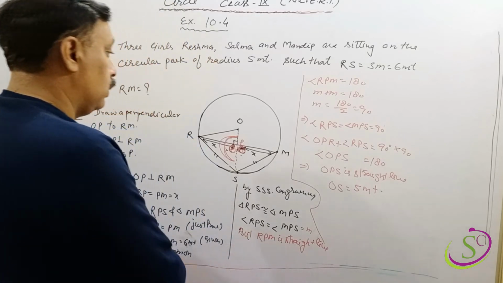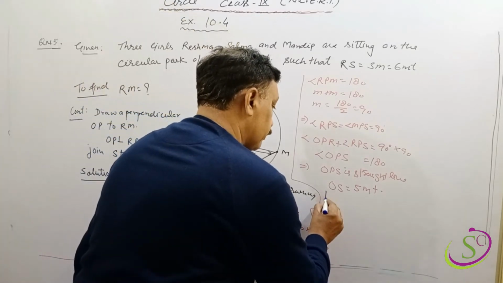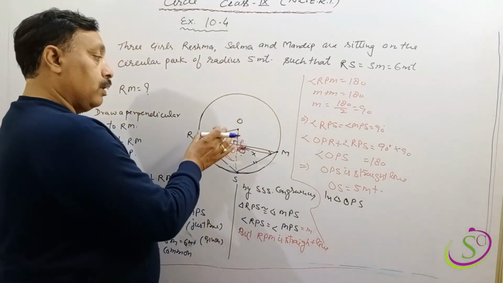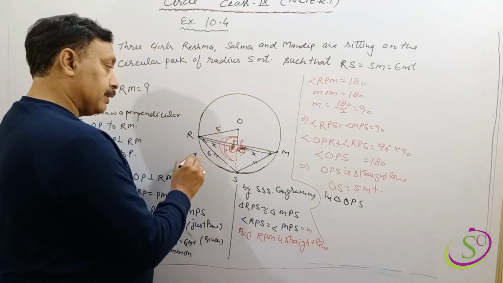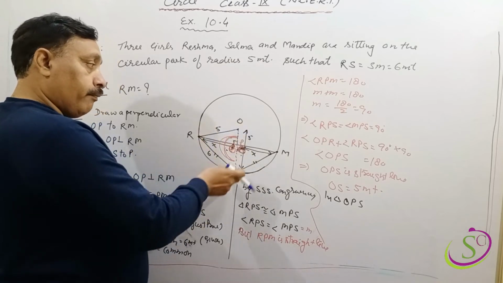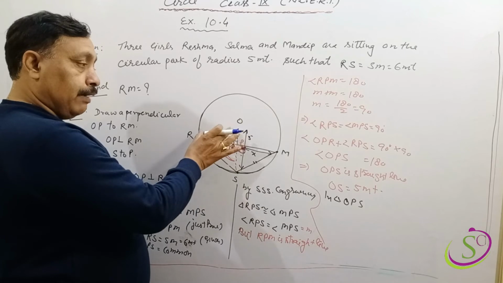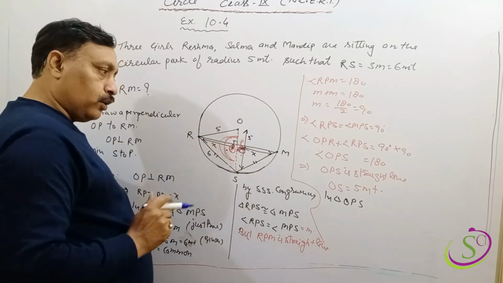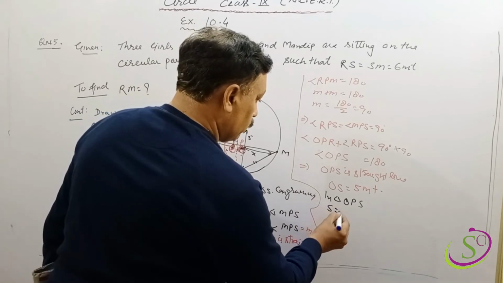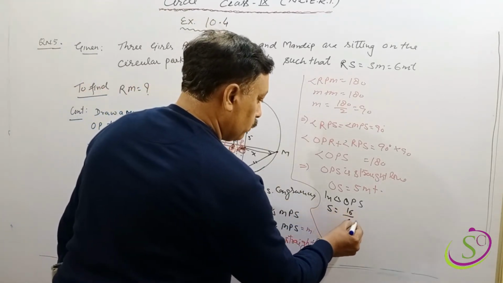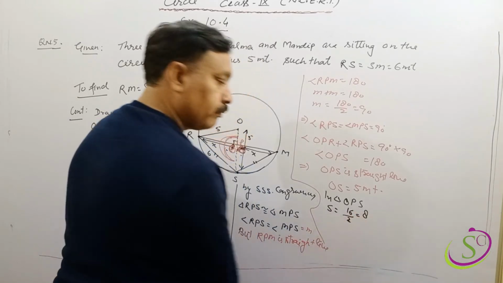So now in triangle OPS, देखिए ये 5, ये 6 एंड ये होल 5। ठीक है। ORS having all three sides. So by using Heron's formula we can find the area of this. So S equal to 5 plus 5 plus 6, that is 16 upon 2 means 8. Clear?